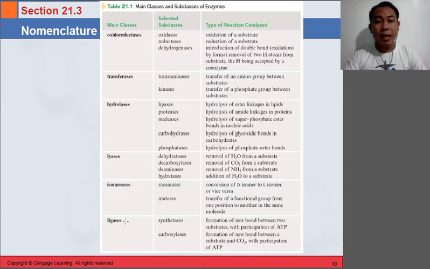Lastly, we have the main class, which is the ligases. These are the synthases and the carboxylases. Synthases are responsible for the formation of a new bond between two substrates with the participation of adenosine triphosphate. The carboxylases are responsible for the formation of a new bond between a substrate and carbon dioxide, with participation of adenosine triphosphate.